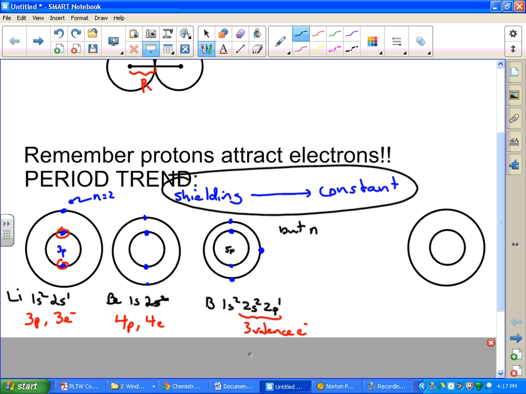That's the number of protons. So the valence electrons are pulled closer to the nucleus.